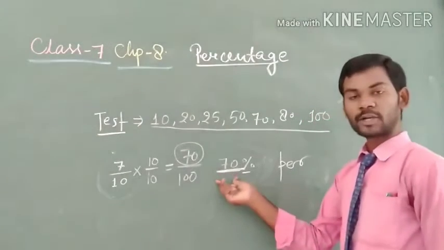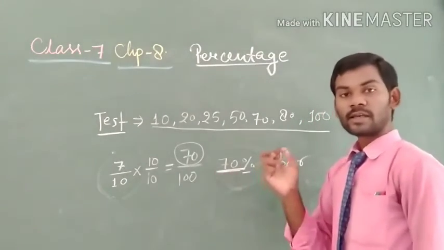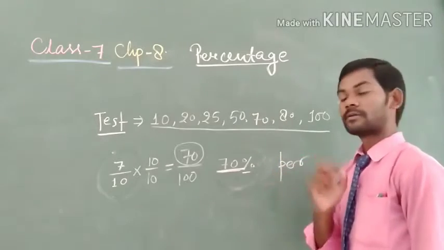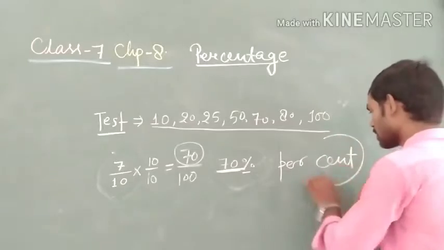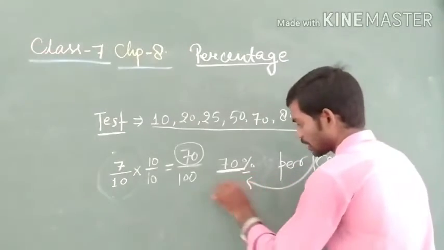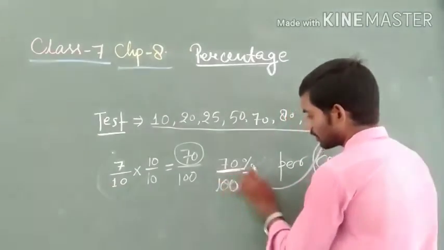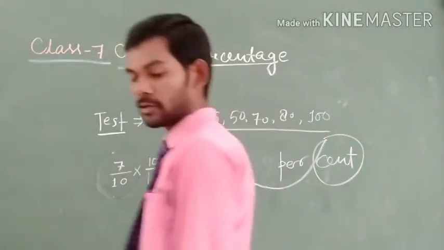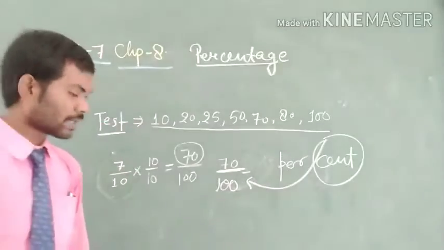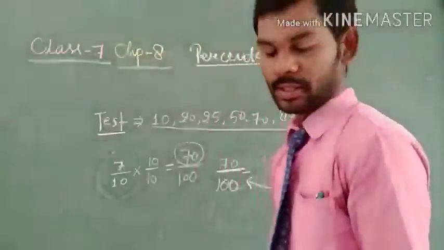This horizontal line is called per, and the meaning of cent is 100. So here we write 70 upon 100.